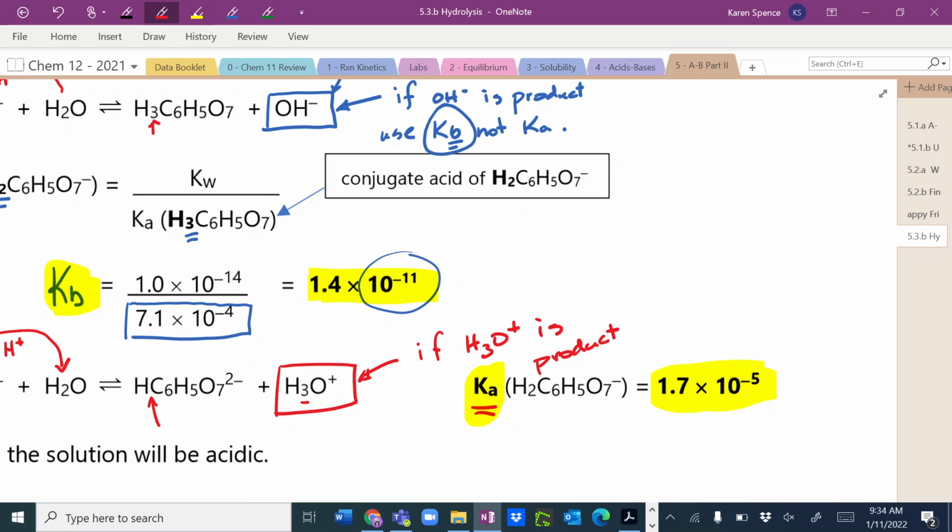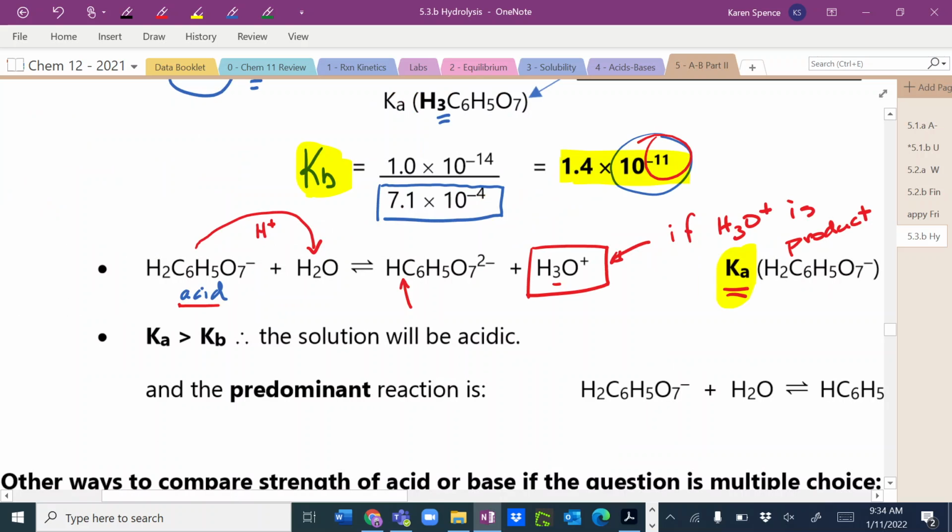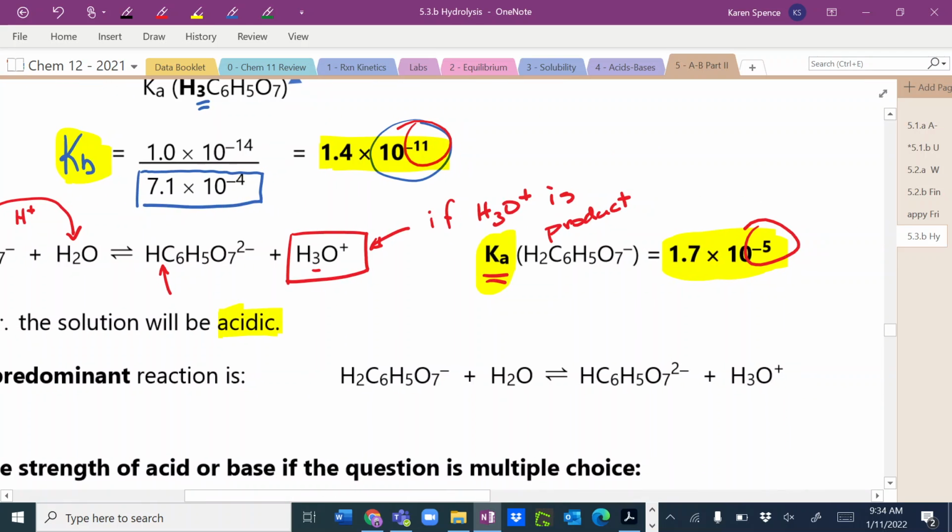We have 10 to the minus 5, which is bigger than 10 to the minus 11. Since Ka is greater than Kb, the solution will be acidic, and our predominant reaction will be the acidic hydrolysis that produces H3O plus.